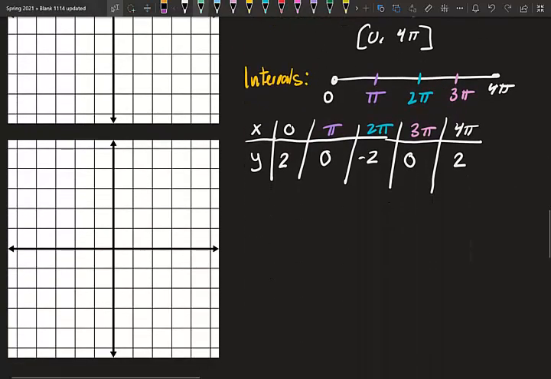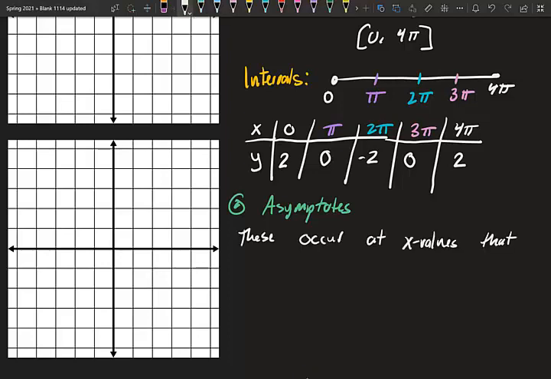Our second step is asymptotes. Alright, our asymptotes occur at x values where cosine equals 0. So the two x values where it equals 0 are pi and 3 pi.